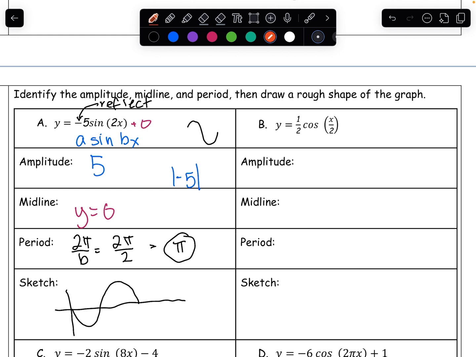Let's do cosine. So our amplitude, it's already positive, so it's 1/2. Our midline is 0, so we're going to have y equals 0. Again, it has to be an equation because it's a line.